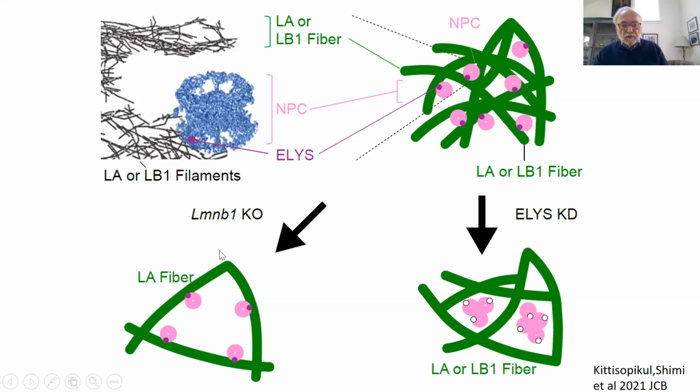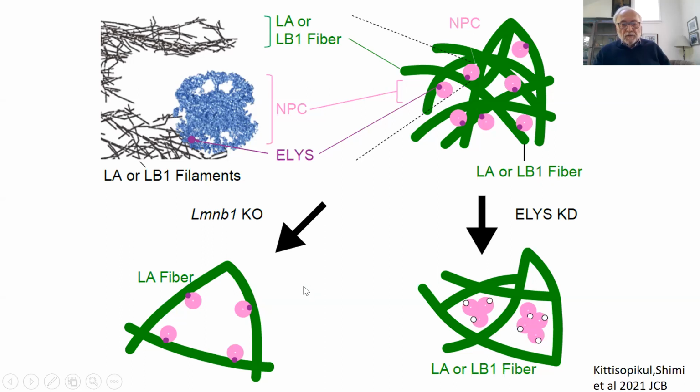Under normal conditions, when we look at an expanded meshwork, we find that in a lamin B1 knockout, the pores follow the lamin A fibers, which for me at least indicates that the lamins play a major role in organizing the nuclear pore complexes.